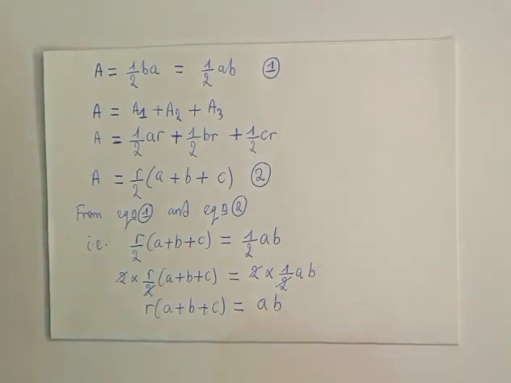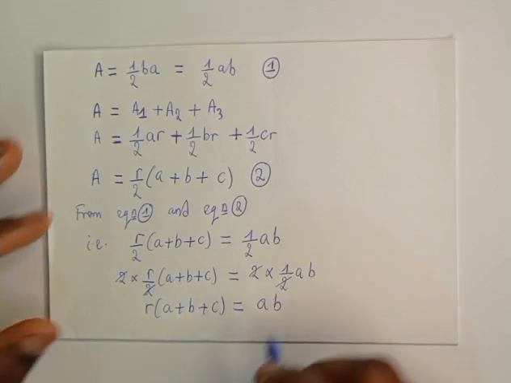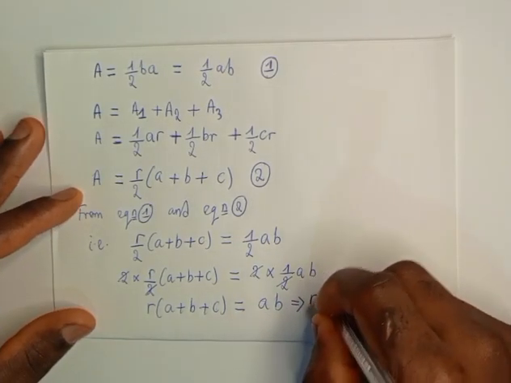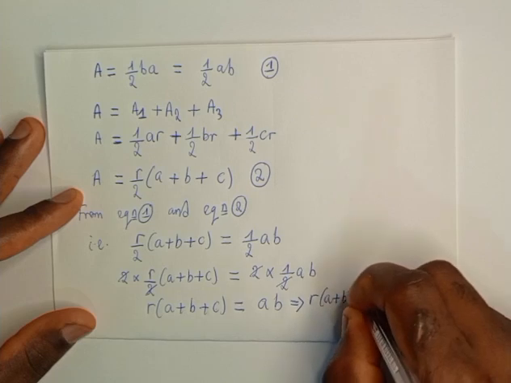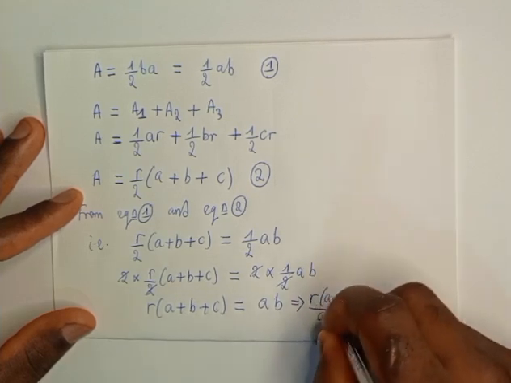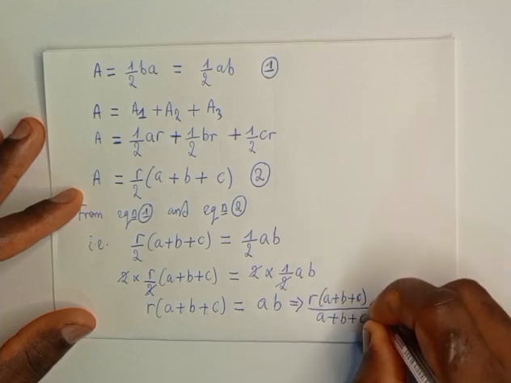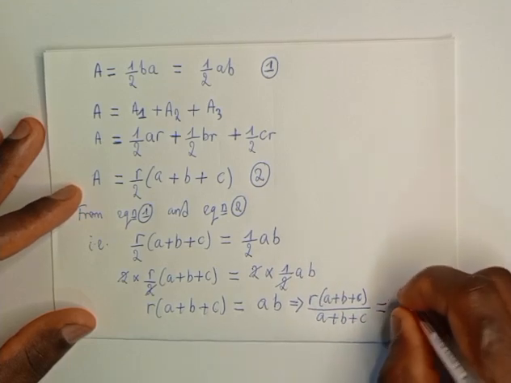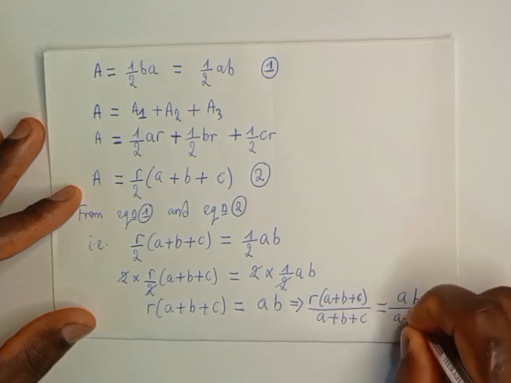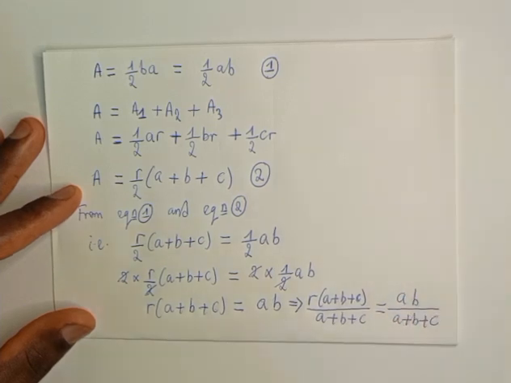Next, if we divide all through by A plus B plus C, then R times A plus B plus C divided by A plus B plus C will be equal to A times B divided by A plus B plus C as such.